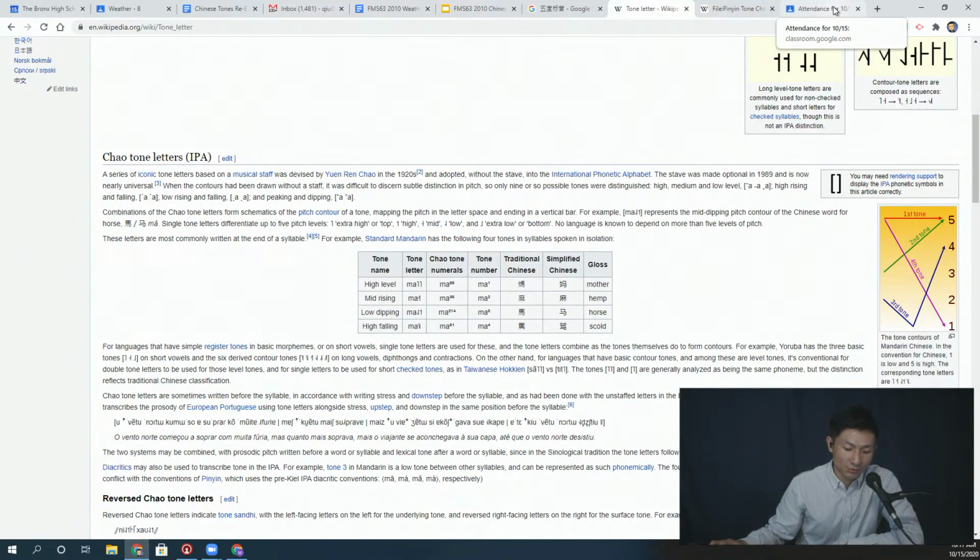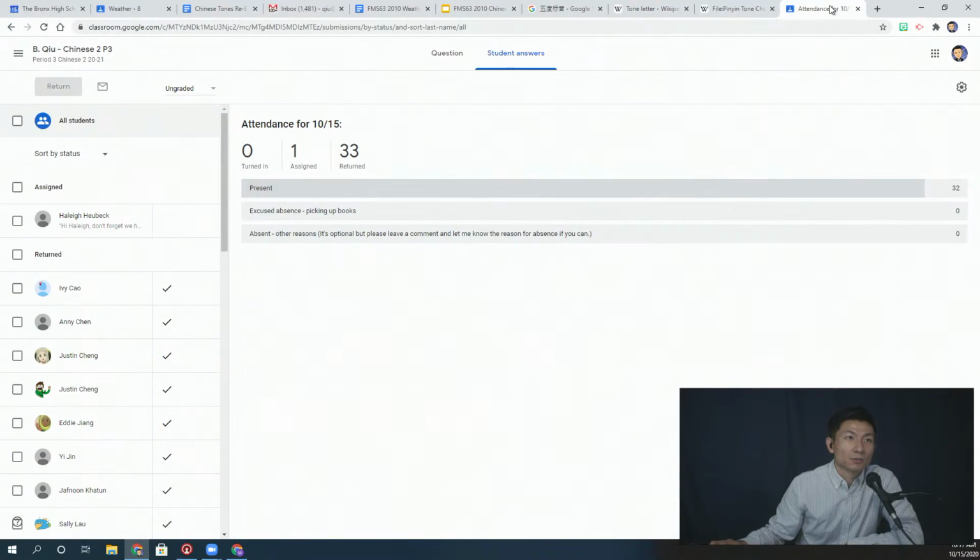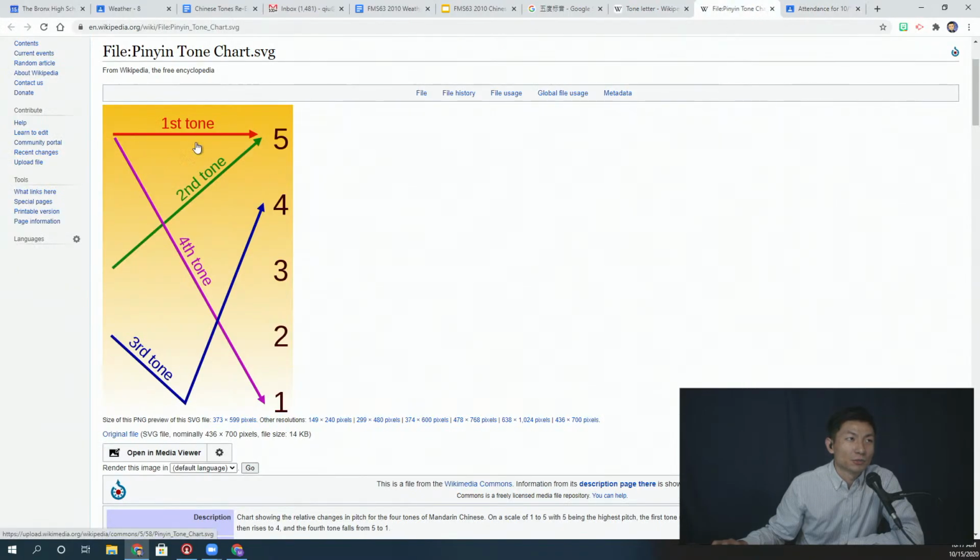What I want to do is simplify the system a little bit, because I'm pretty sure nobody knows where exactly 3 or 2 or 4, or anything in between, is, and probably you don't even know what 1 and 5 are supposed to be when you're actually pronouncing.